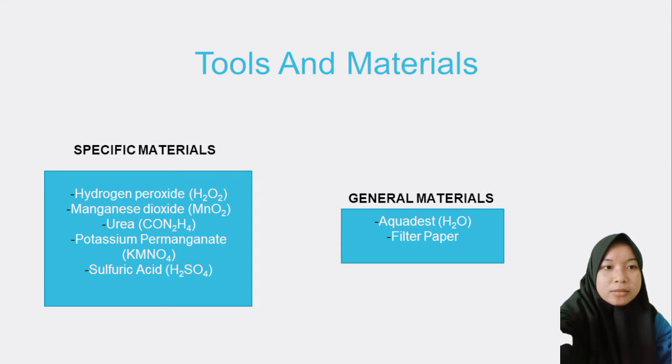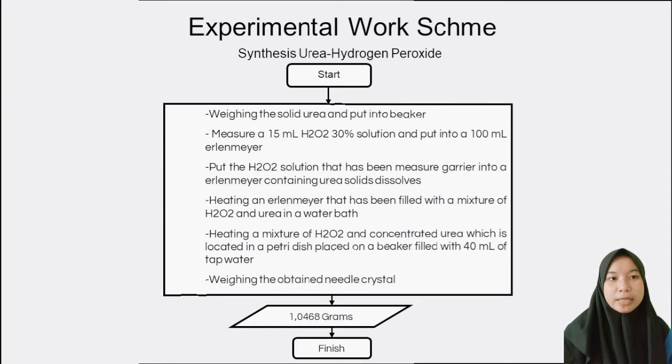Materials: specific materials are hydrogen peroxide, manganese dioxide, urea, potassium permanganate, sulfuric acid, and general materials are aqueous and filter paper.